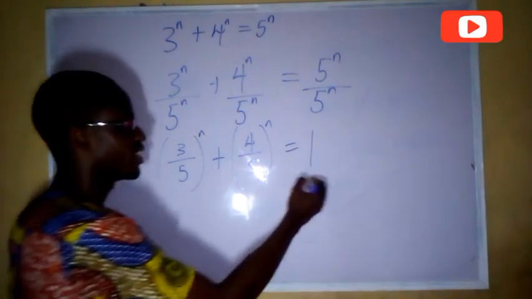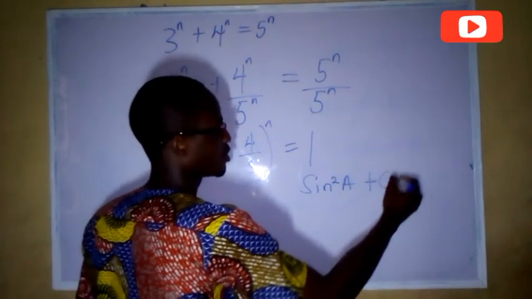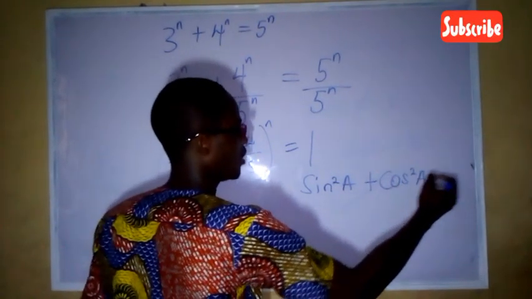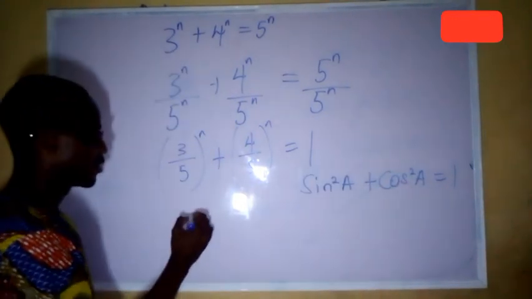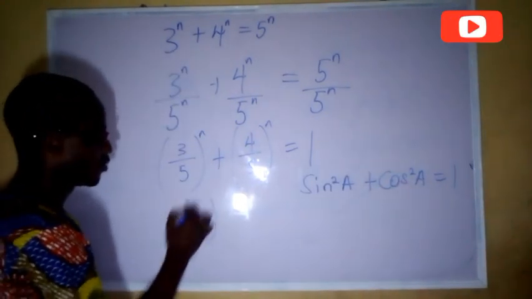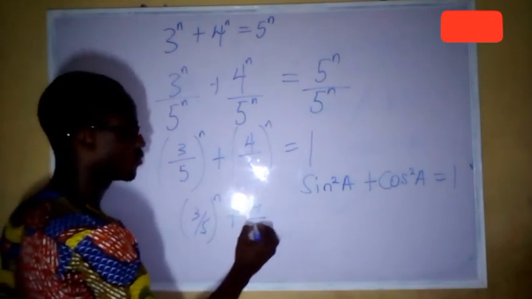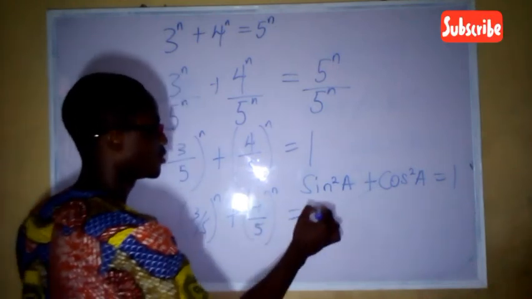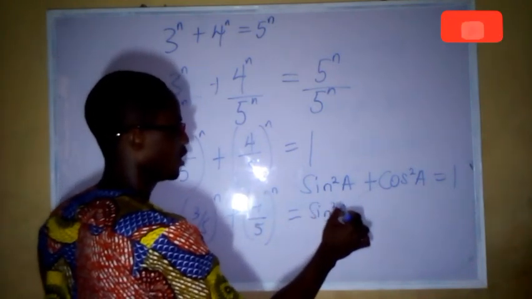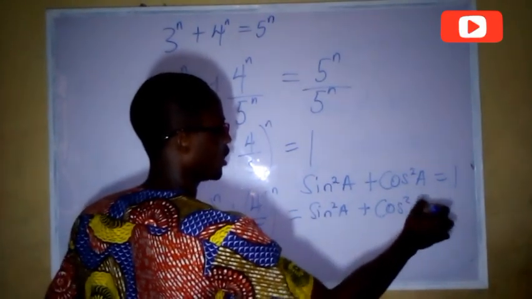Anyway, sine square a plus cos square a all equals 1. So if I plug this in, I'm going to have 3 all over 5 raised to the power n plus 4 all over 5 all raised to the power n equals sine square a plus cos square a.